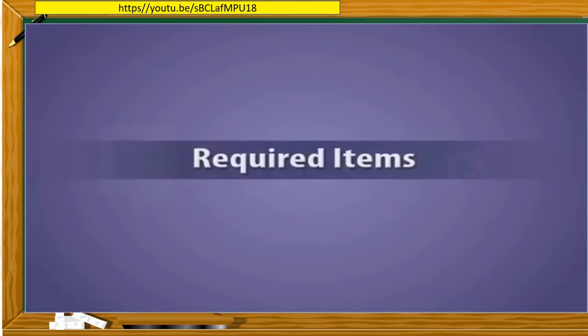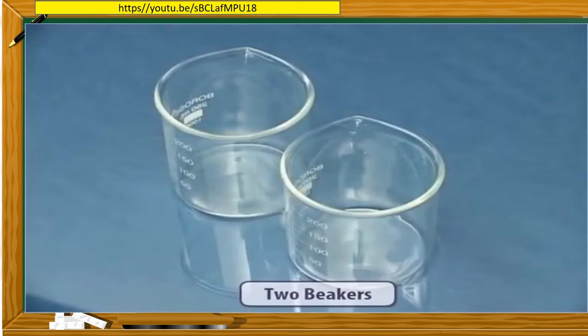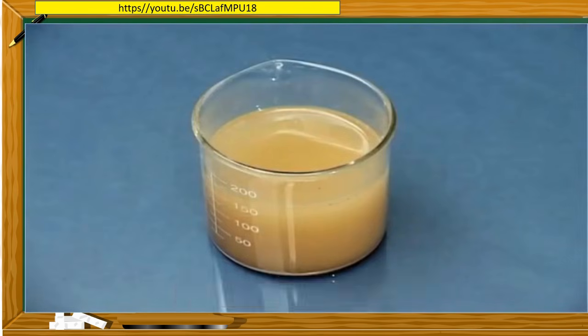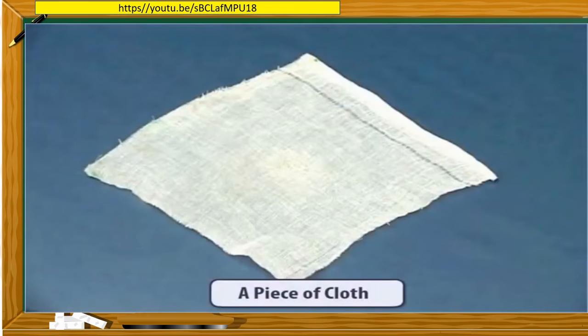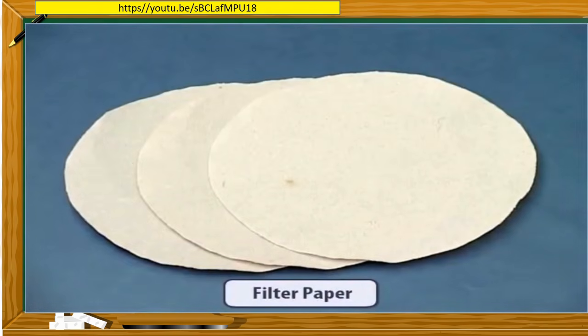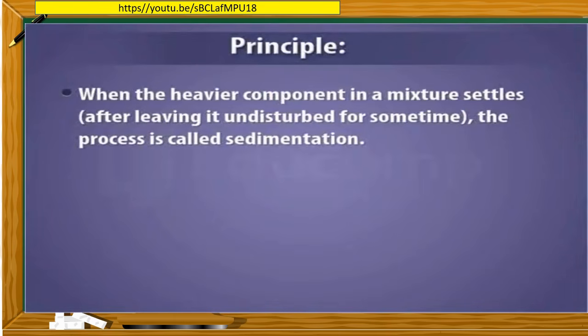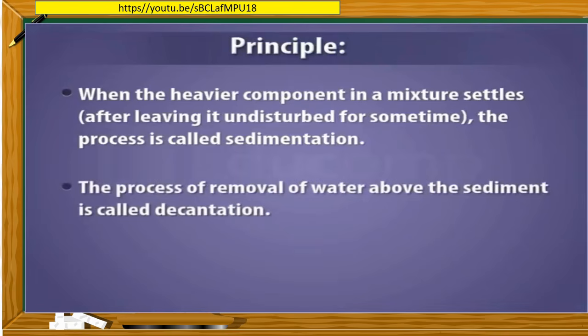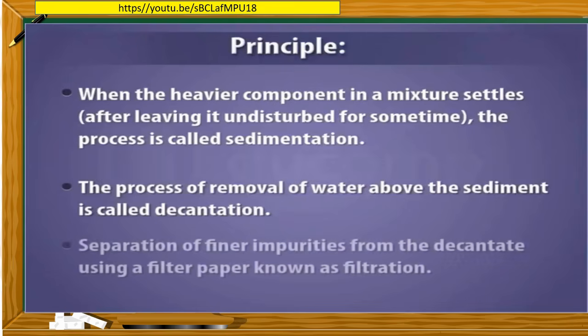For this activity, we need 2 beakers, a sample of muddy water, a tea strainer, a piece of cloth, funnel, and filter paper. When the heavier component in a mixture settles, the process is called sedimentation. After sedimentation, the process of removal of water above the sediment is called decantation. Separation of finer impurities from the decantate using a filter paper is known as filtration.